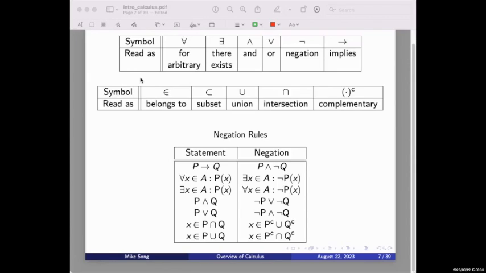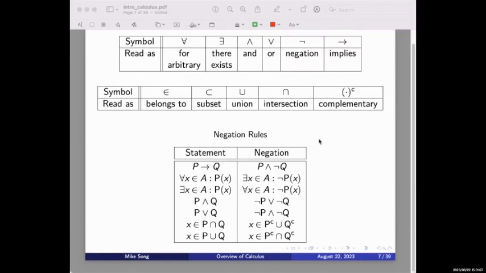And here we have the most often used symbols and rules in three tables. Firstly, there are logical symbols such as for arbitrary, there exists, and, or, negation, implies. And for set operations, we have belongs to, subset, union, intersection, and complement.